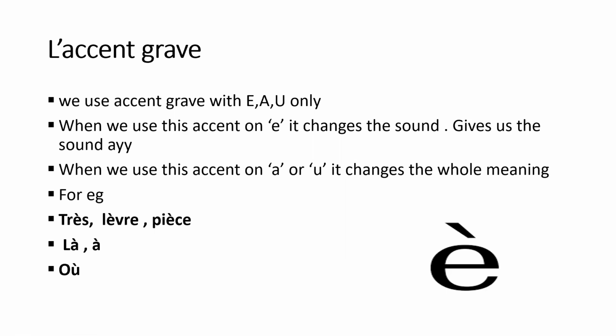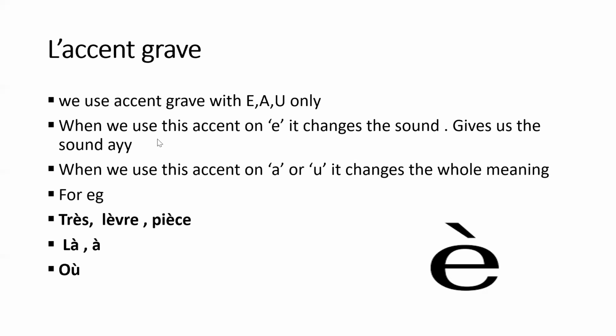Accent aigu we used over E only, but this accent हम 3 alphabets पे use करते हैं. तो it could be also your question कि tell me the alphabets on which we use accent grave. So that is E, A, and U.